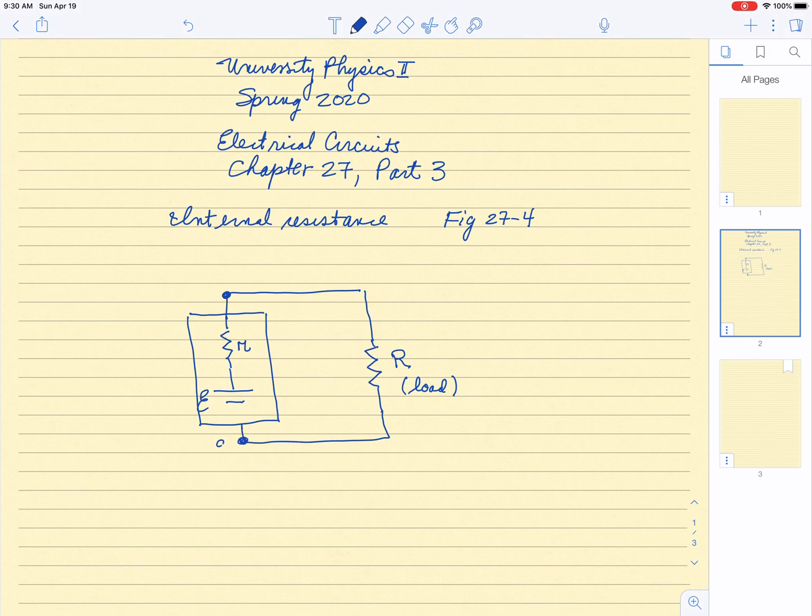I'm going to call this point A, I'm going to call this point B, and we'll get back and see why I did that momentarily.